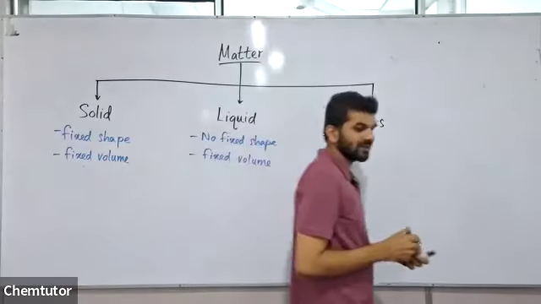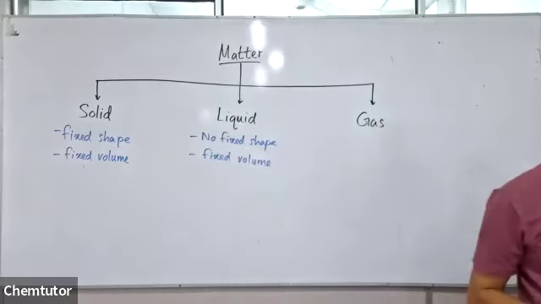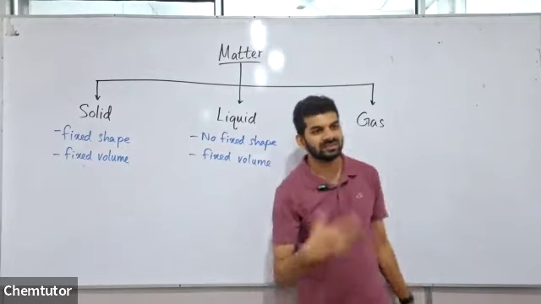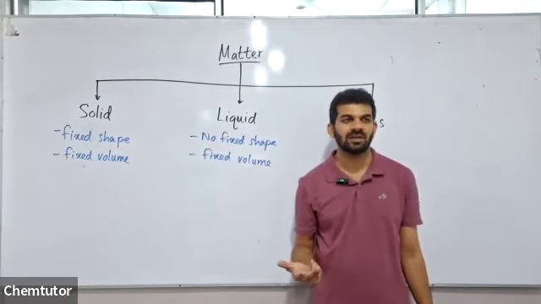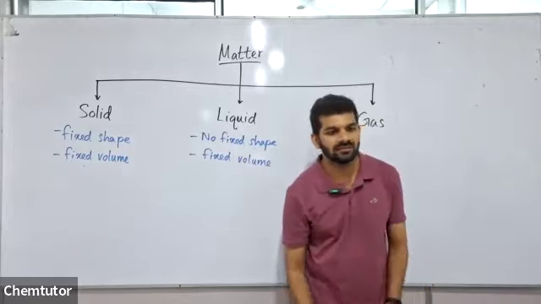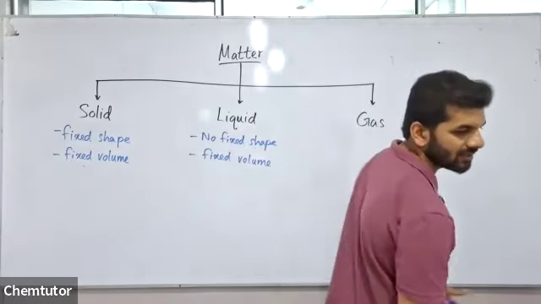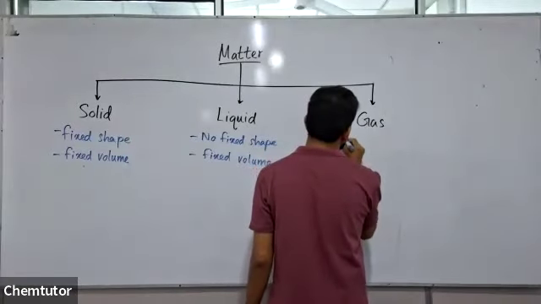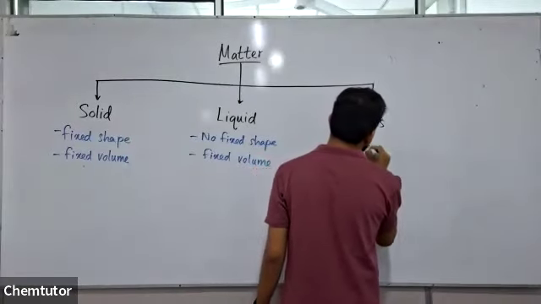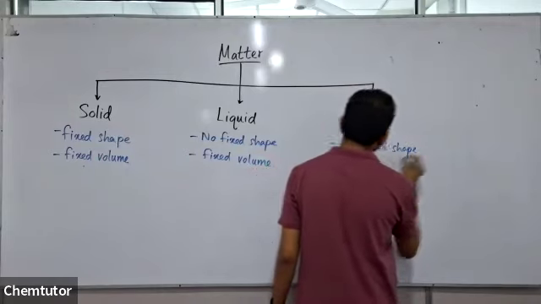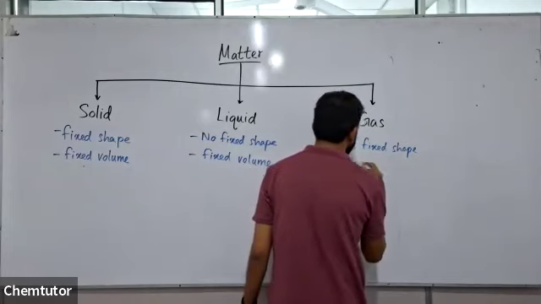Right. In gases, what will happen? Gases do not have a fixed shape as well as a fixed volume. Always they occupy the shape and volume of the container. So we can say no fixed shape as well as no fixed volume.